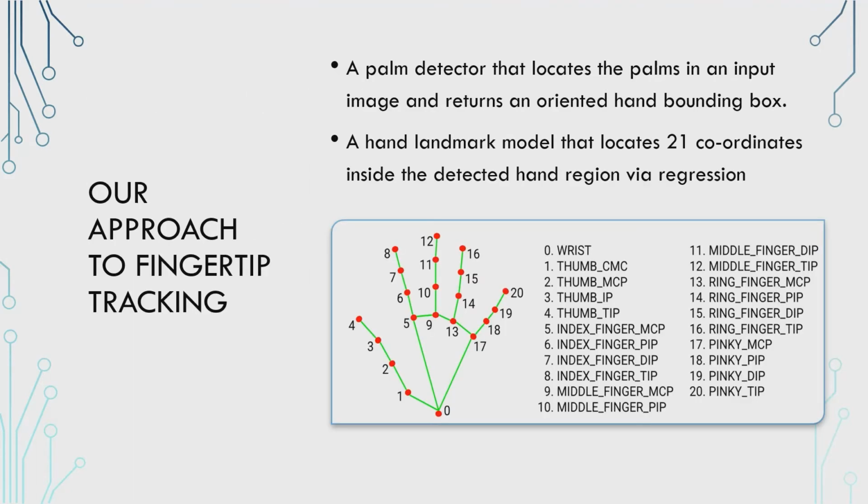One of the goals of our system is to be able to perform fingertip detection and tracking without restrictions on the background environment. So for our system, we chose to use Google's MediaPipe Hands, a machine learning pipeline consisting of two models working together: a palm detector that locates the palm in an image and returns an oriented bounding box, and a hand landmark model which locates 21 coordinates inside the detected hand region via regression.